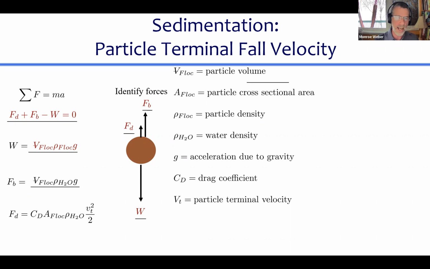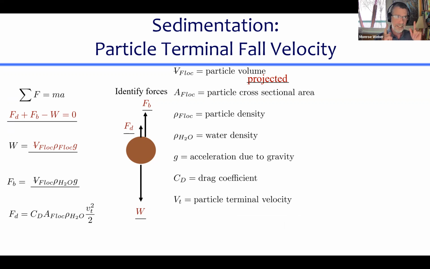It's some coefficient of drag times the projected area of the flock, and times the density. It's interesting, the density that's in that drag force equation is the density of the fluid, because the drag is caused by the fluid. So it's not about the density of the flock.